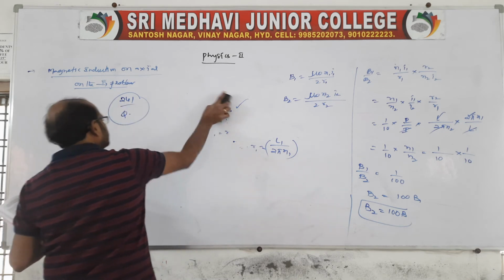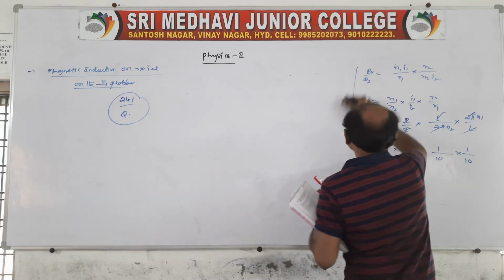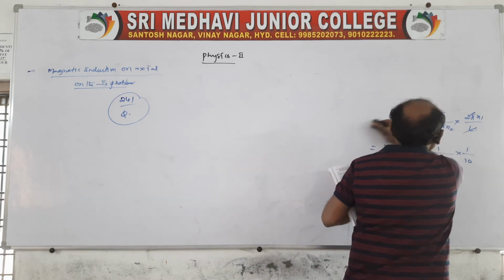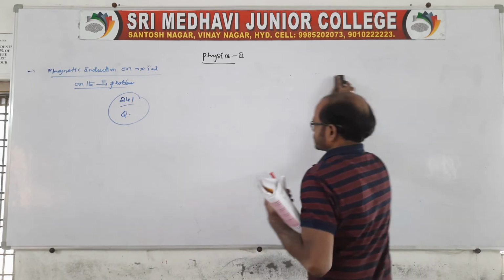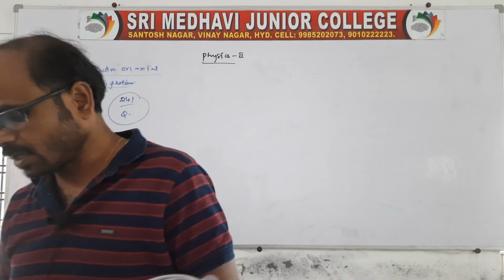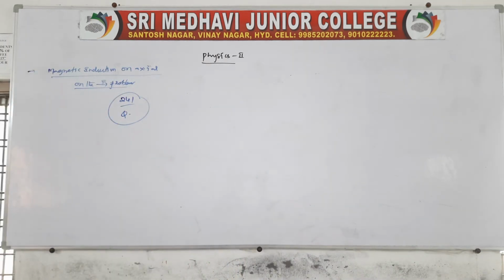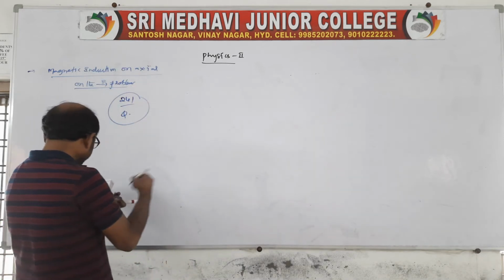Read the question carefully. What is given? You are supposed to write the given data. Note the given data, use the formula and get the answer. For a solenoid coil you take directly, look at it for a solenoid.